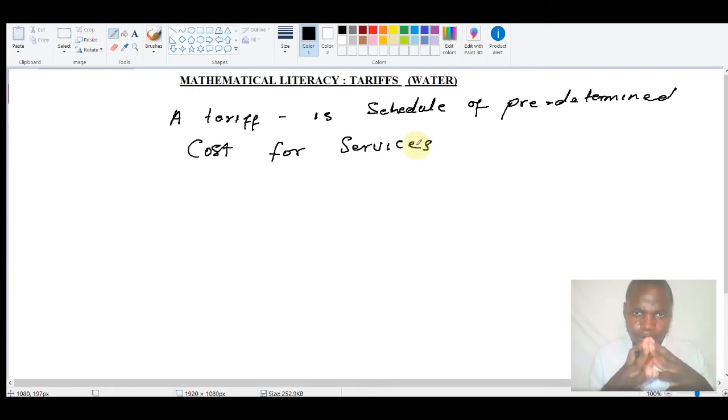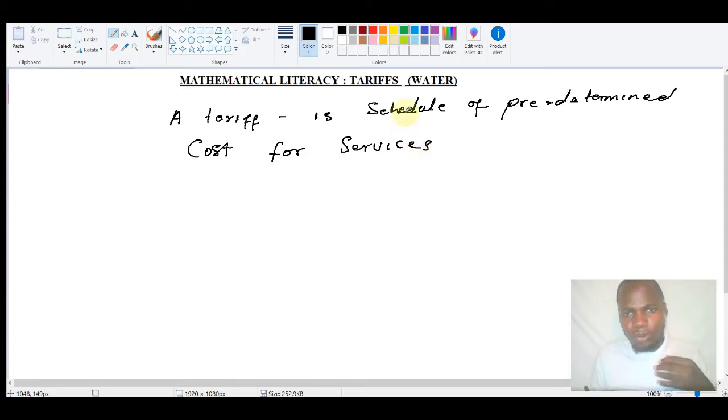For example, the list of prices at the mall says if you use this, you pay that. The prices are determined even before you go to the mall, so they are predetermined, and it will depend on how much you use, or how many hours you park.